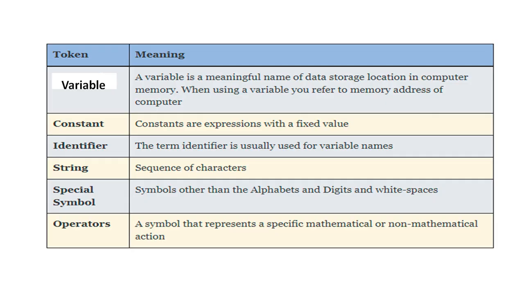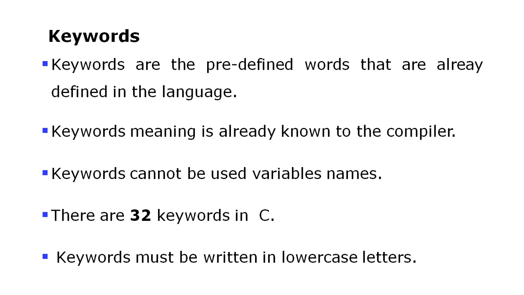This is a brief of variable, constant, identifier, string, special symbols and operators, and now I am explaining the keywords. Keywords cannot be used as variable names. There are 32 keywords in C. Keywords must be written in lowercase letters.